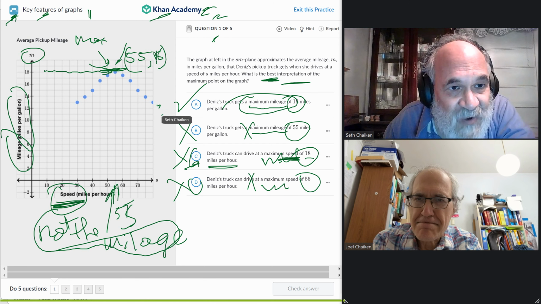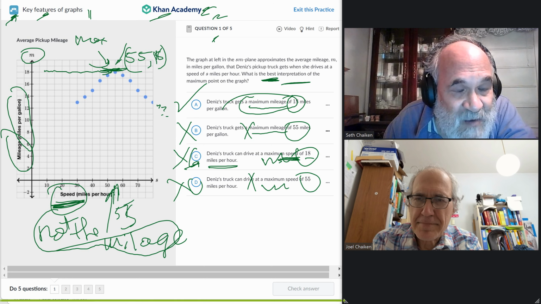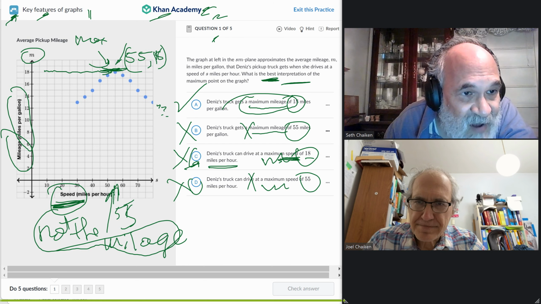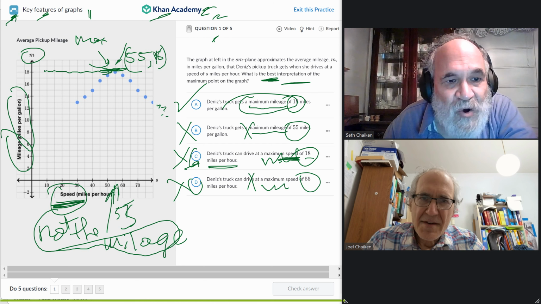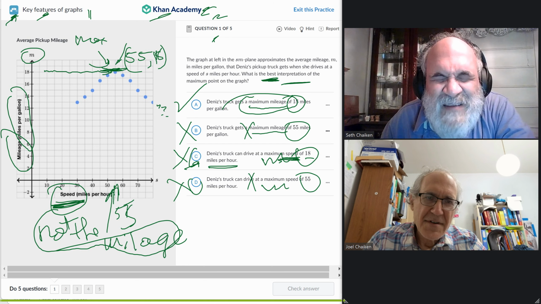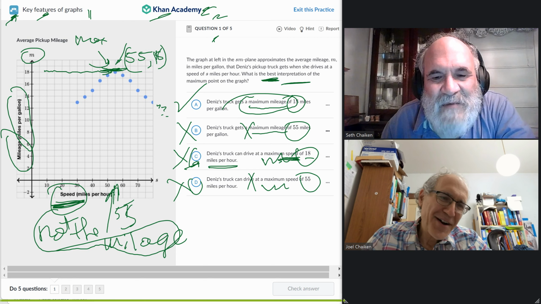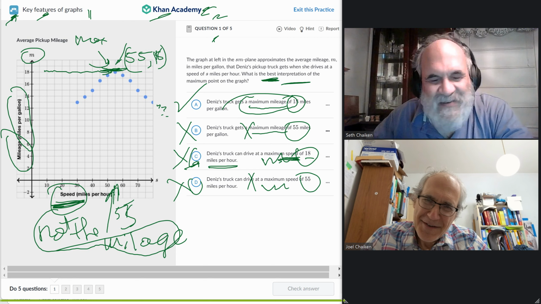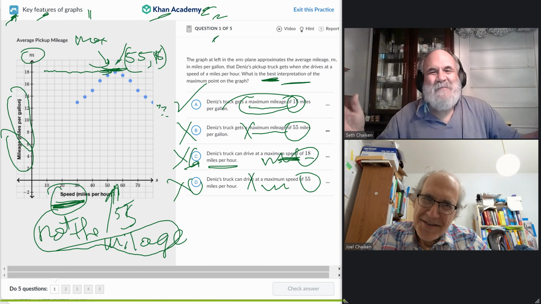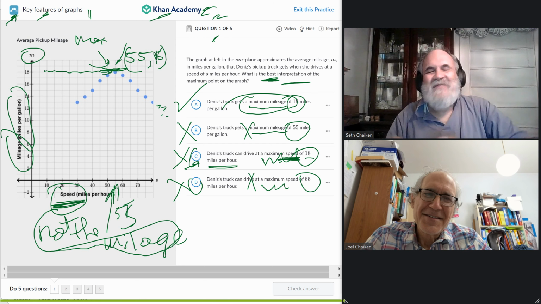Who knows what's over here? She went 80 miles per hour and got a fuel economy of 13 miles per gallon. She might have even gone 90. Maybe the maximum speed of the truck, you never know what it is. It doesn't say, but it's irrelevant to the question.